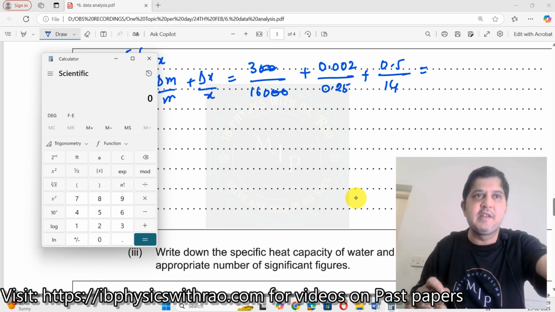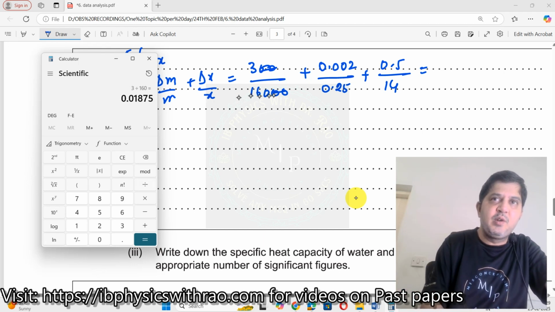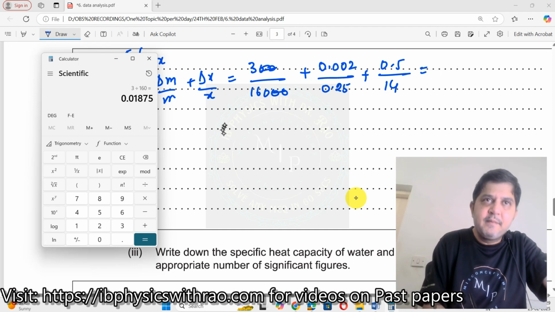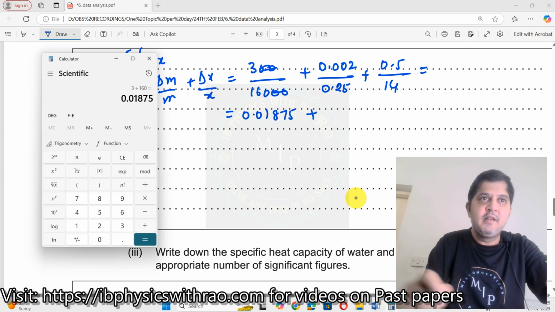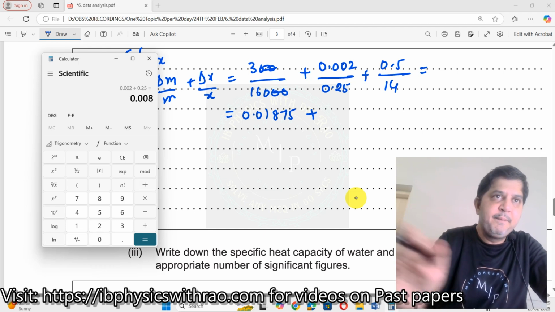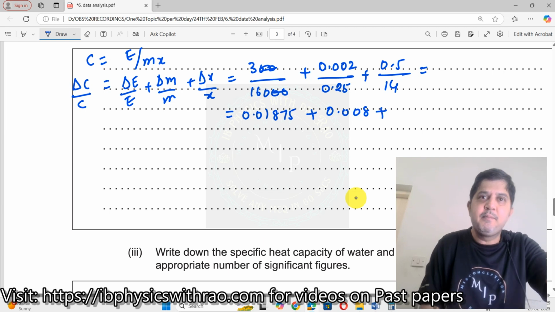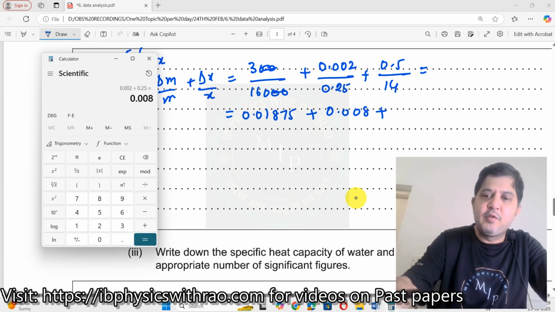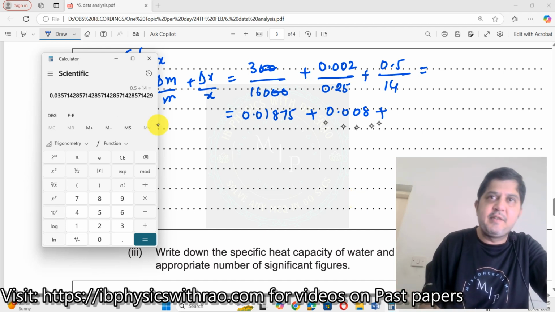I made a mistake. 3 divided by 160 is equal to 0.01875, plus 0.002 divided by 0.25, which is 0.008, plus 0.5 divided by 14, which is 0.0357.